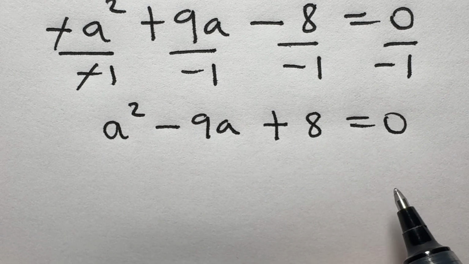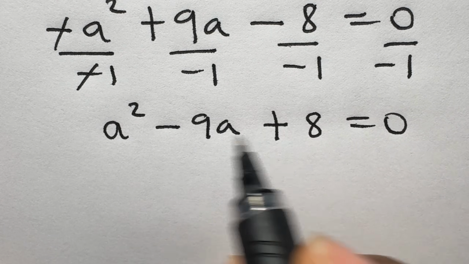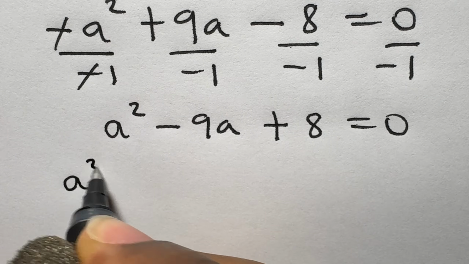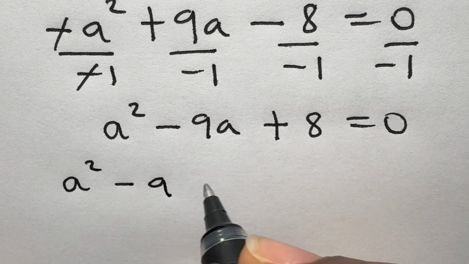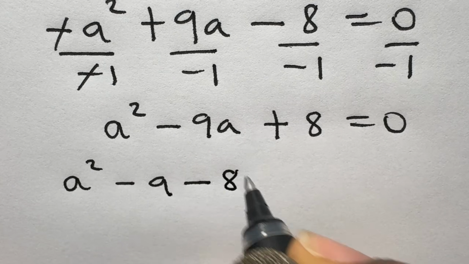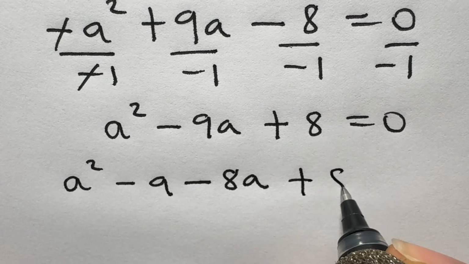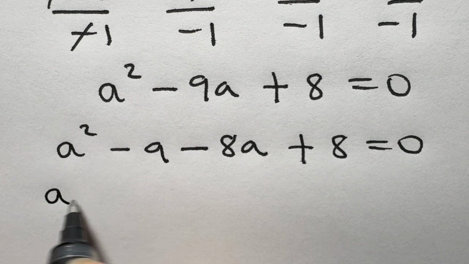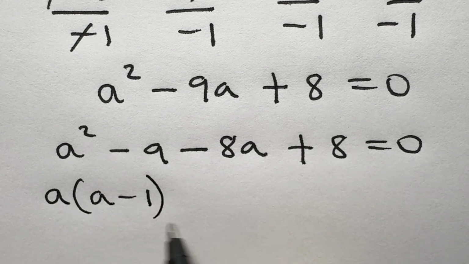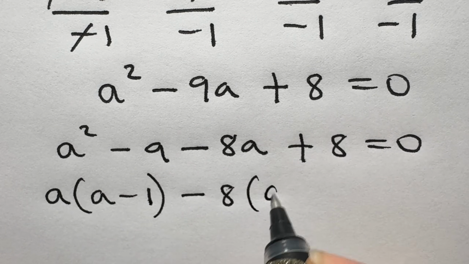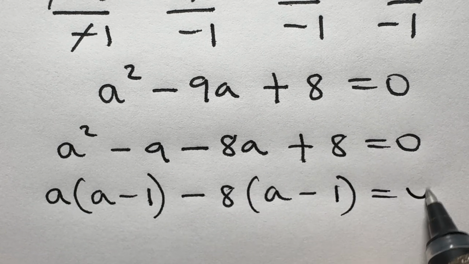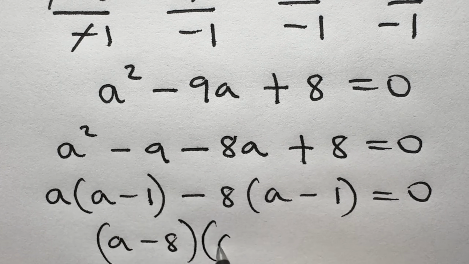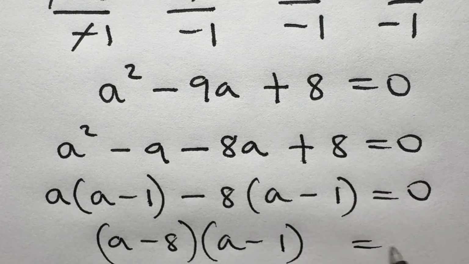This is a brand new quadratic equation, and as you can see, this is factorizable. So we split this into minus a minus 8a plus 8 is equal to 0. So this becomes a into a minus 1 minus 8 into a minus 1 is equal to 0. So I have a minus 8 into a minus 1 is equal to 0.